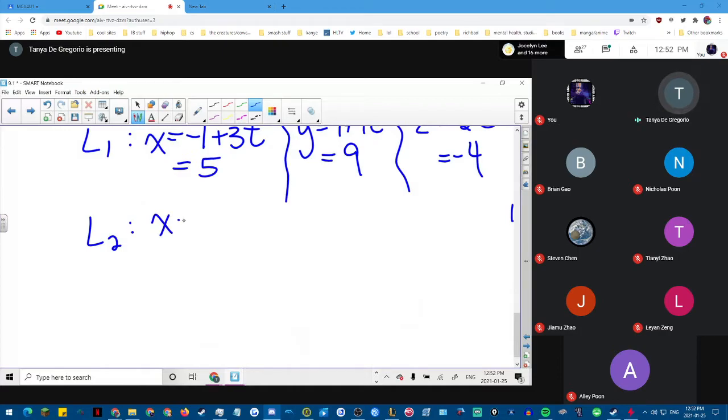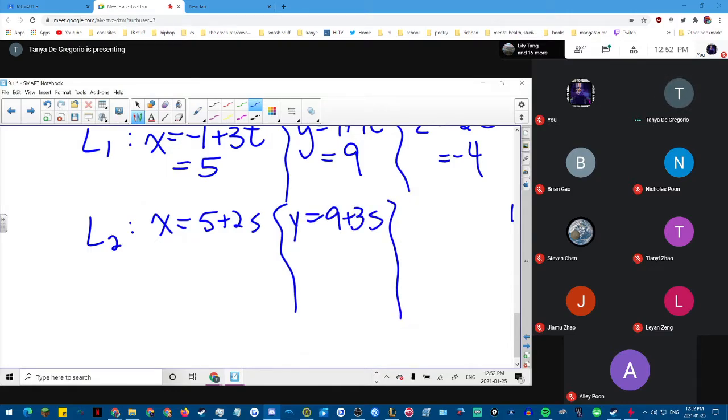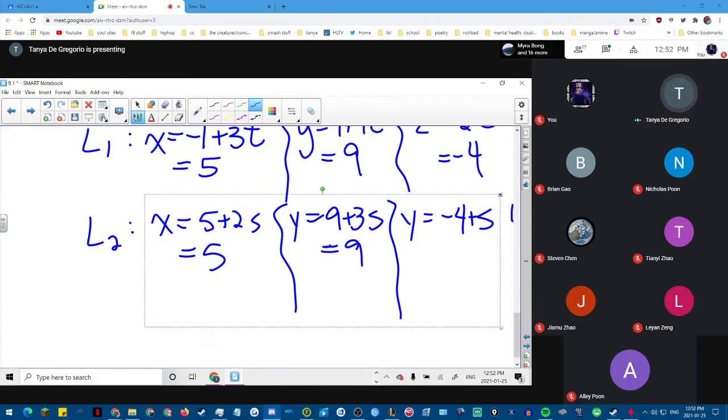We're going to sub s into line 2. So x equals 5, you can very clearly see, right? Because it's 0. And because we got the exact same coordinates, we know that they do intersect at that point.